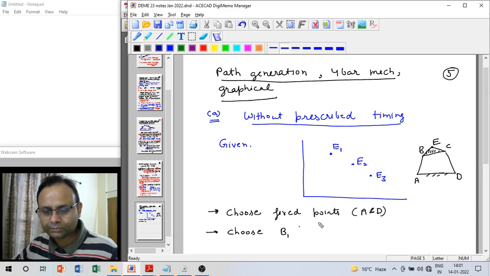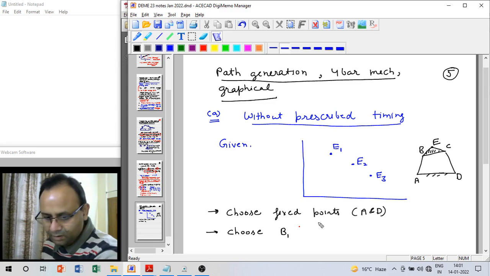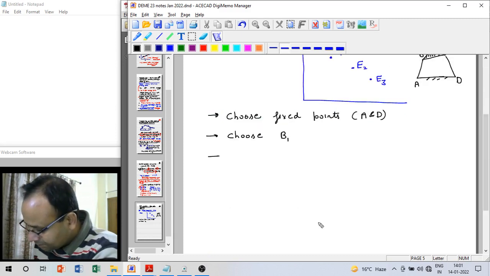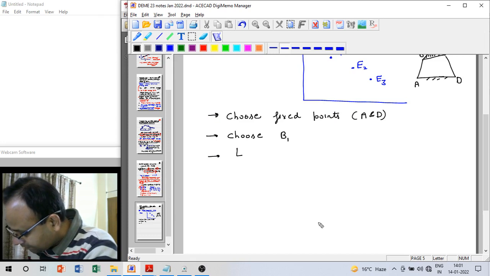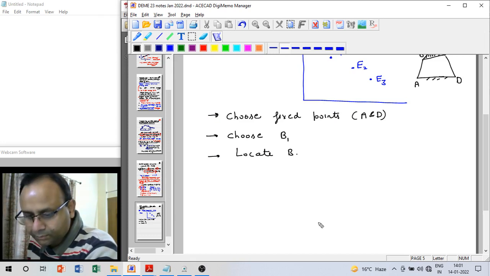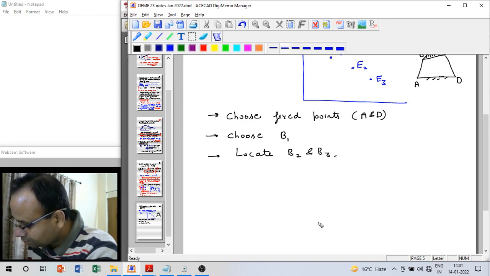So choose B1. We have this freedom. That is straightforward. And after that, we can locate B2 and B3.